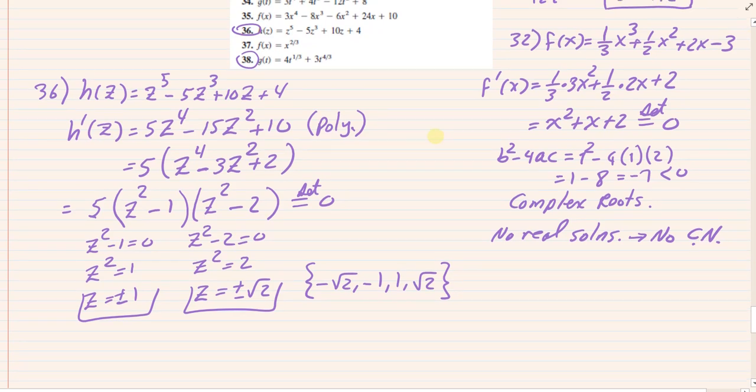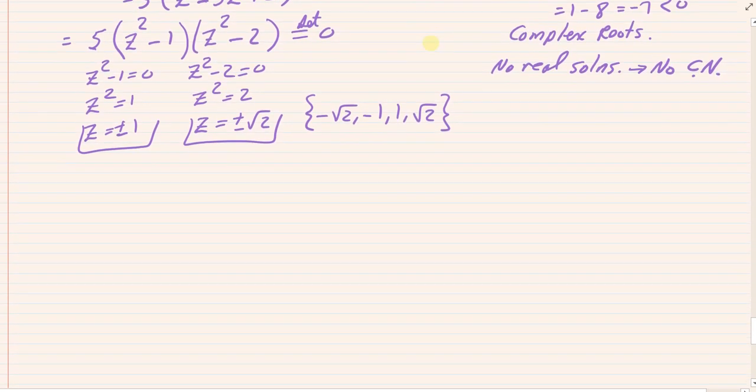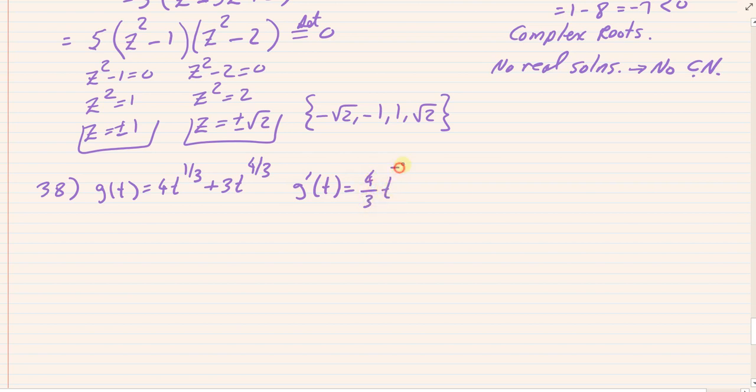So that's number 36. Let's take a look at number 38. Number 38, we have 4t to a third plus 3t to 4/3. And this is number 38 again. The expression g of t was 4t to 1/3 plus 3t to 4/3. Okay. Now let's do the derivative. G prime using the power rule, that's going to be 4/3 times t to the 1/3 minus 1, which is negative 2/3, plus 4/3 times 3.